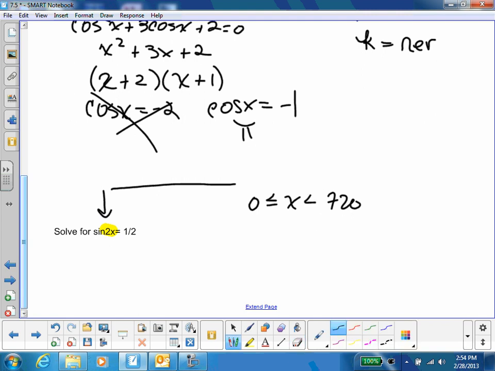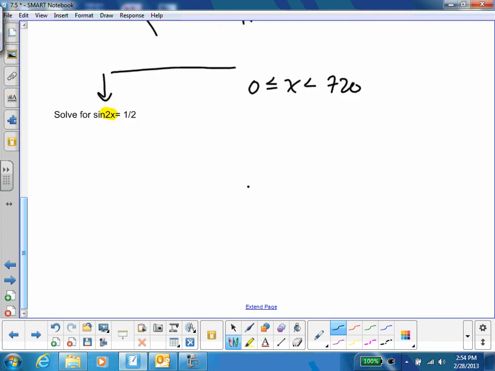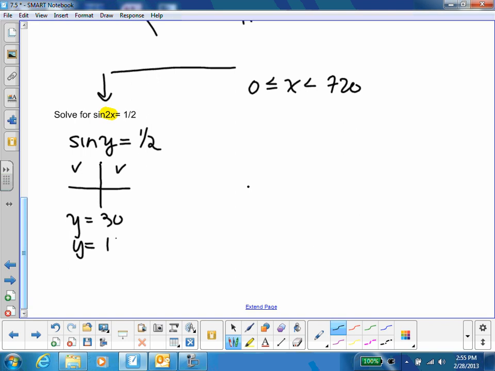Okay? So we're going to look at this as, we're going to say the sine of what? Let's just look at this as y. The sine of what is 1/2? 30. And so we're going to put it here and here, yes? And so we're going to say y is equal to 30, and y is going to equal 150 degrees, right?